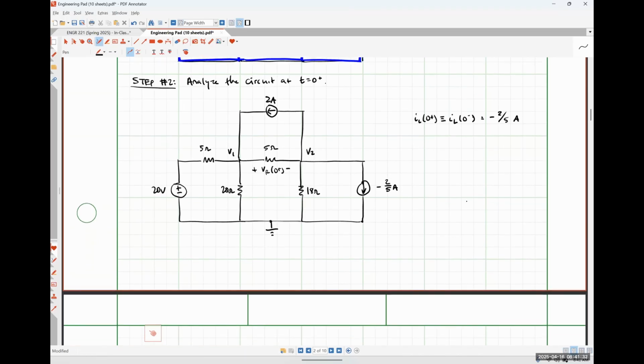So KCL at V1 is going to look like V1 minus 20 volts over 5 ohms plus V1 over 20 ohms plus V1 minus V2 over 5 ohms minus 2 amps is equal to 0.